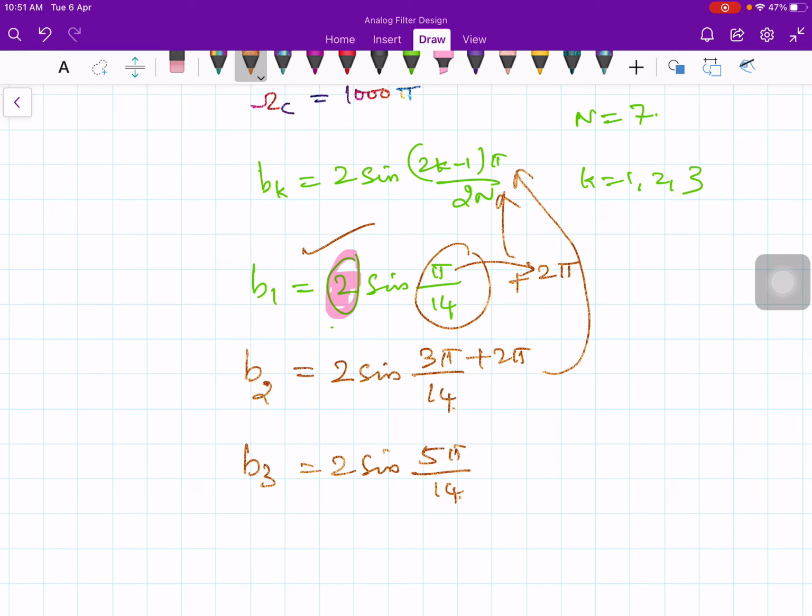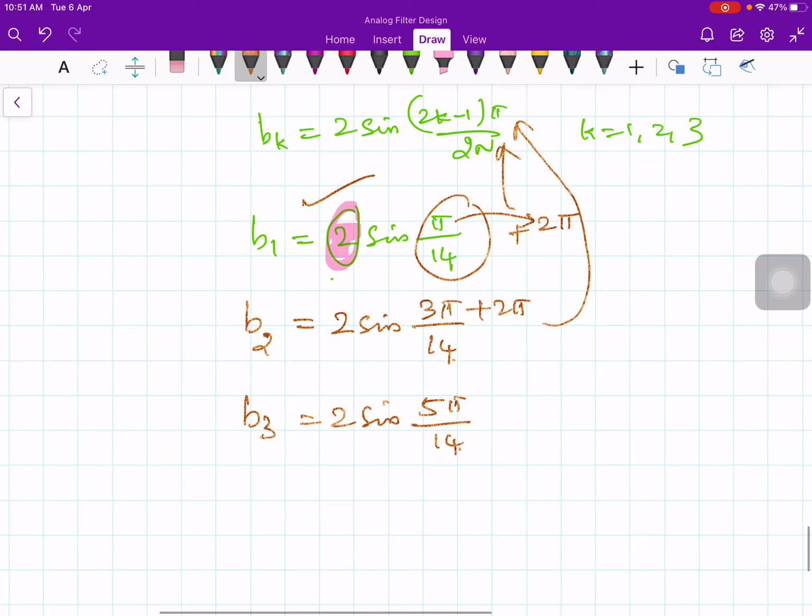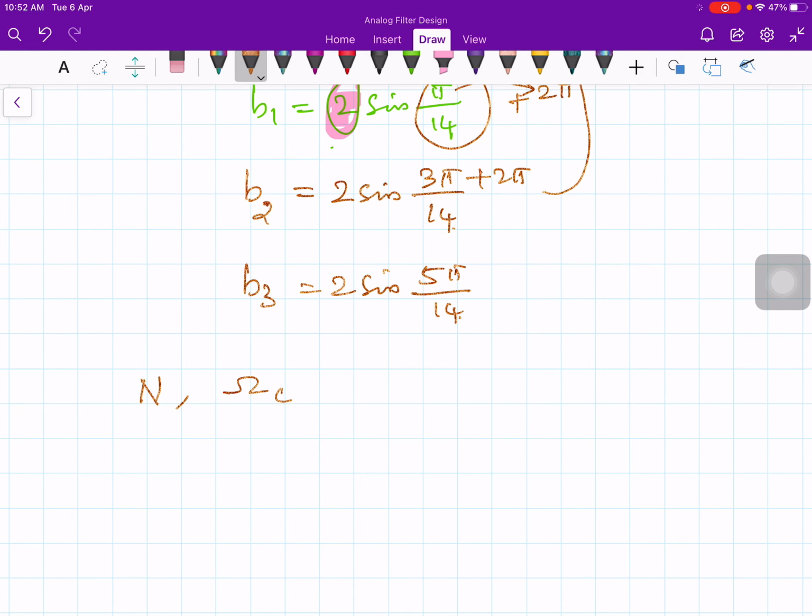So you would be able to do it almost blindly, and it will be very easily programmed. Therefore, given the order capital N and the cutoff frequency omega c, you can always find the transfer function. Okay, so that's about Butterworth.